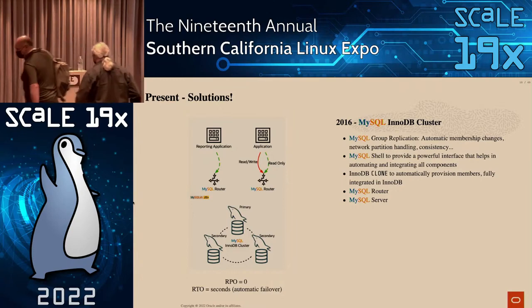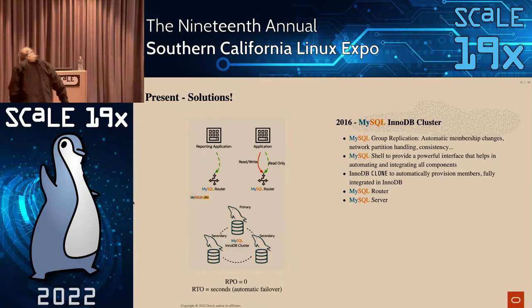MySQL Shell: you have the MySQL client, but since MySQL 5.7 we also have the MySQL Shell. And then we have MySQL Router, which is a load balancer that can balance traffic, reads, writes, and so on. All these products together with the MySQL server, we fully integrate this and make it very easy to set up a standardized architecture like this.